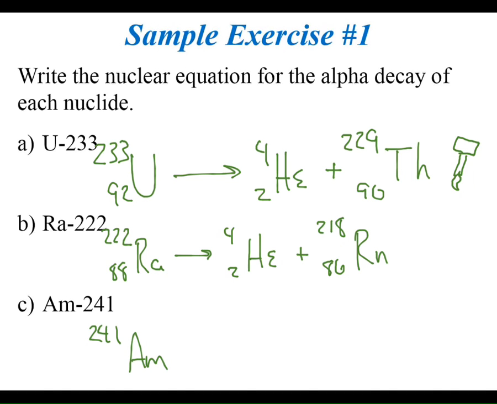What's the atomic number for americium? 86. Oh, wait. 95. Sorry. 95, okay. So I must make something 237. What's 93?